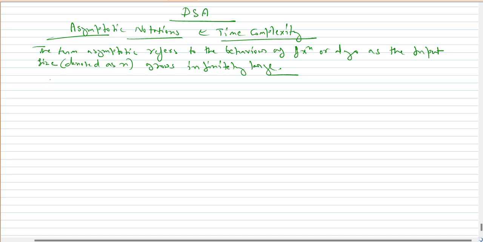We mainly have three types of asymptotic notations.